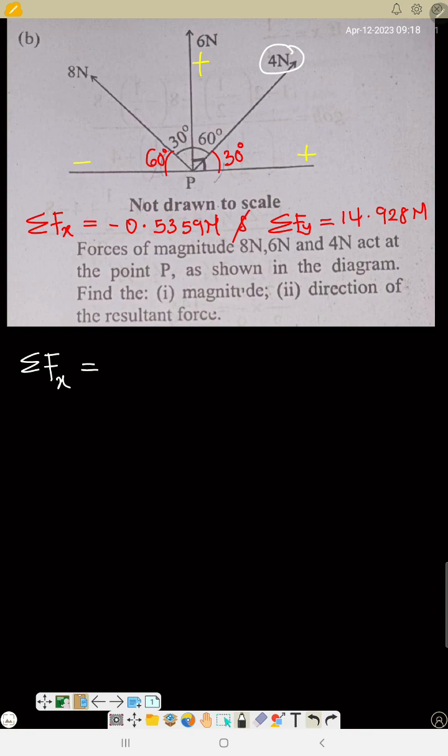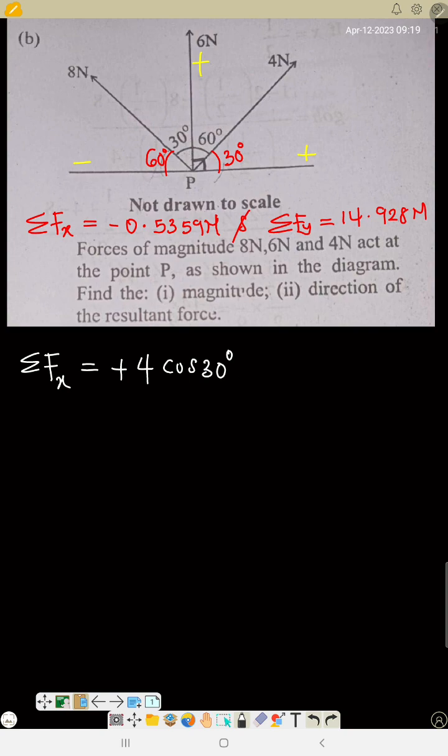Now 4, resolve it to the horizontal, that is plus 4 cos 30 if you are using 30, but if you are using 60, then vertical is cos and horizontal is sine, if you are using the 60 that you have in the question. But since I'm using 30, horizontal is cos. So that will be plus 4 cos 30.